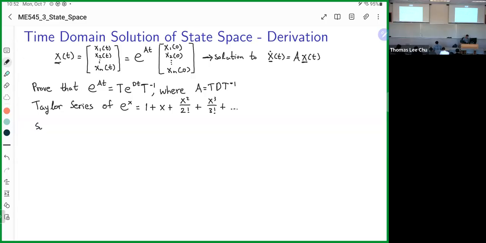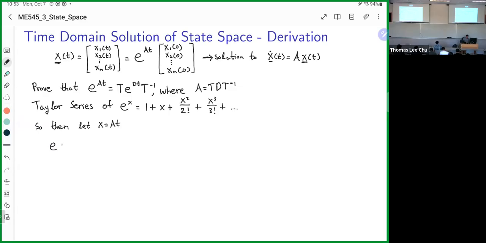So then, e to the at. Now let's let x equal to at. In this case, x is a matrix, and t is still constant.